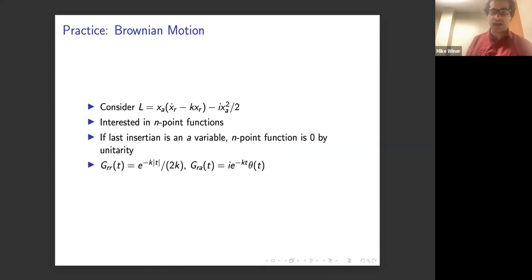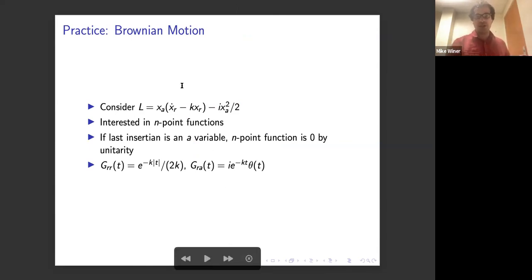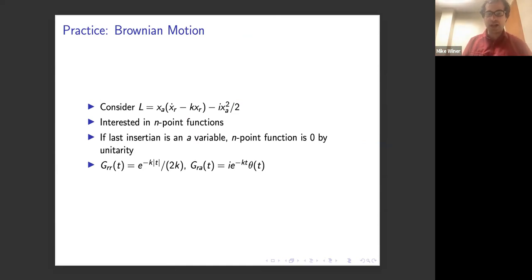Let's practice with a Schwinger-Keldysh theory of Brownian motion. So here we have a Lagrangian, which describes mean reverting Brownian motion. If we're interested in some sort of endpoint function of this, well, first of all, this is a pure quadratic theory, so we only need the 2-point functions.